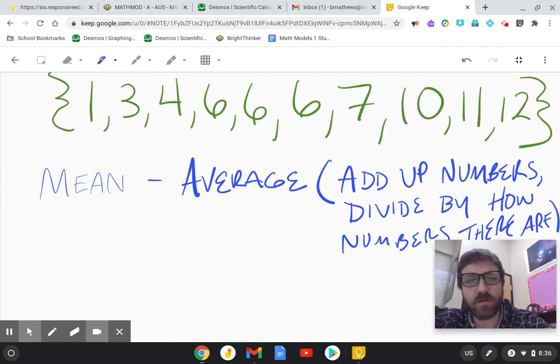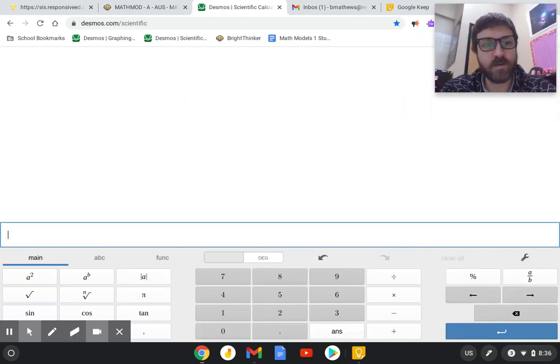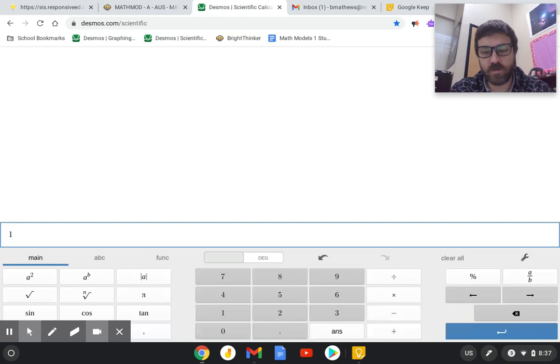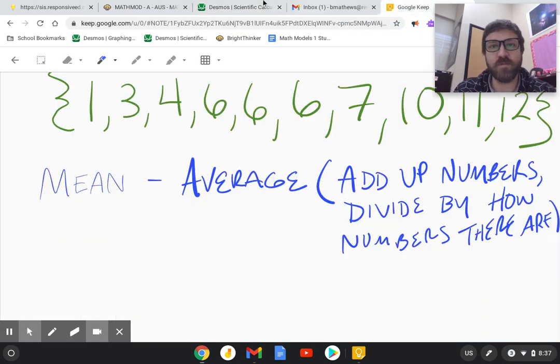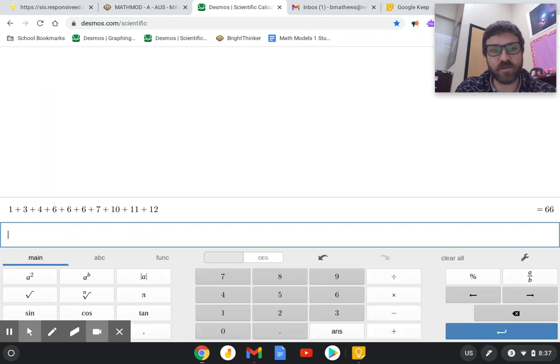Looking at our example, we're going to add up these values. I'm going to hop over to a calculator. Let's clear this out. 1 plus 3 plus 4 plus 6 plus 6 plus 6 plus 7 plus 10 plus 11 plus 12. We get 66.